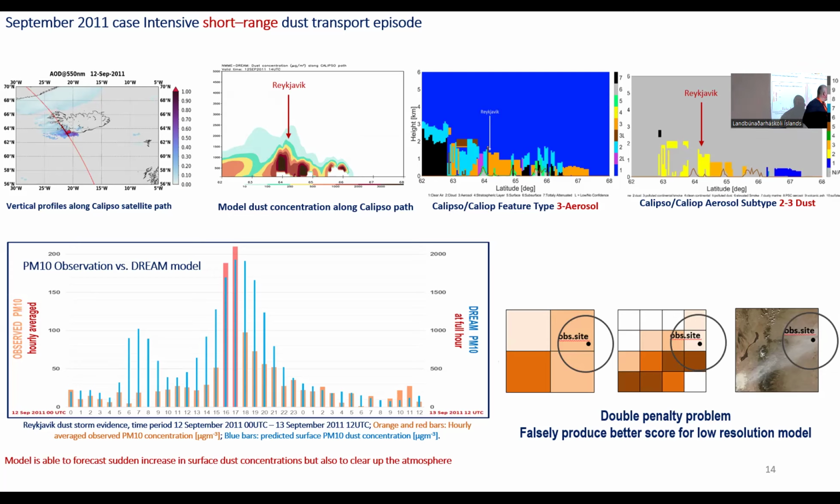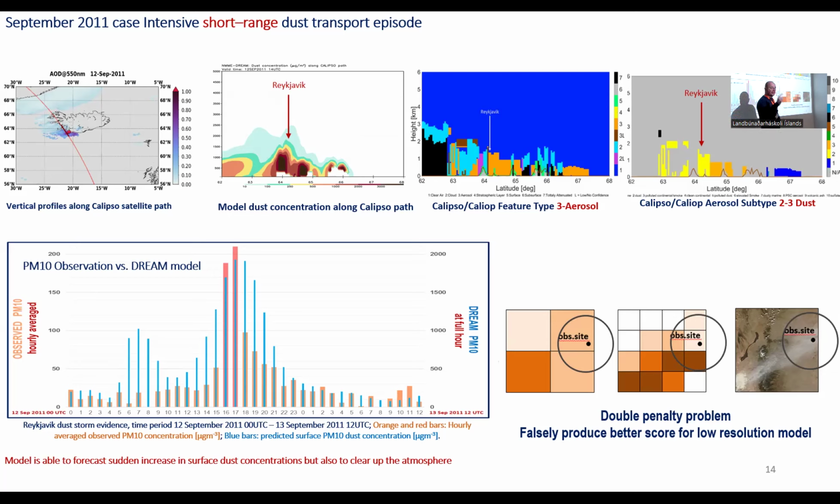And keep in mind something called the double penalty problem. This is a coarse resolution model, and this is a fine resolution model. If you have fine structures and a narrow dust plume, and your observation site is somehow shifted and not right over your plume, it will produce a false alarm.